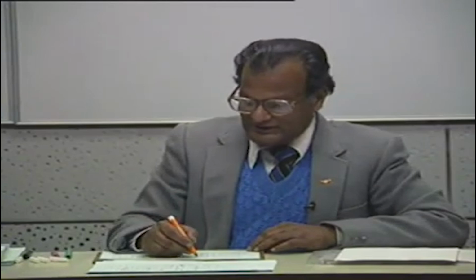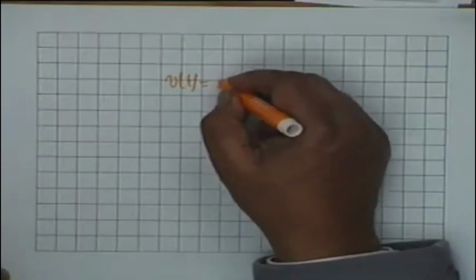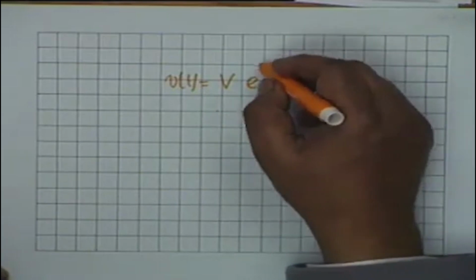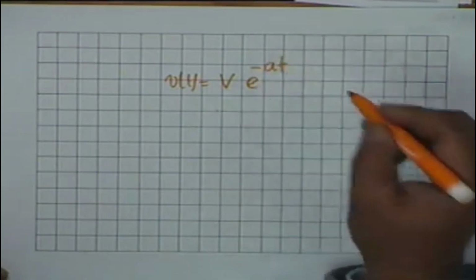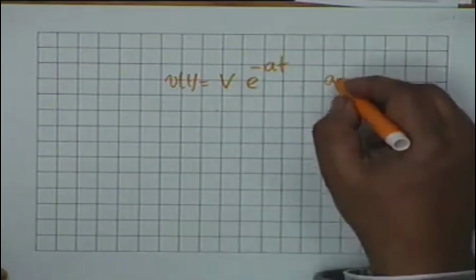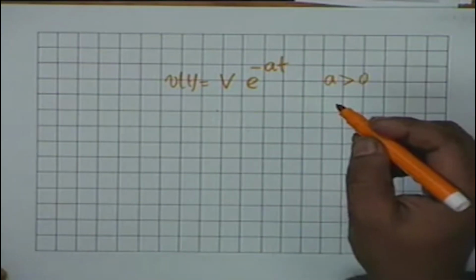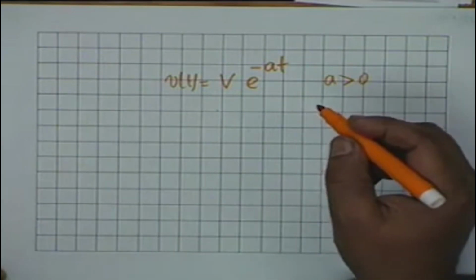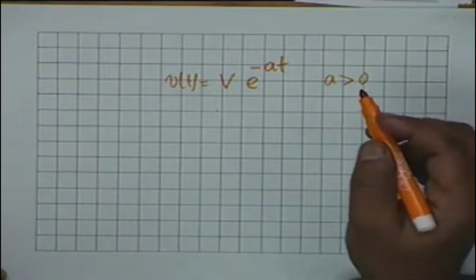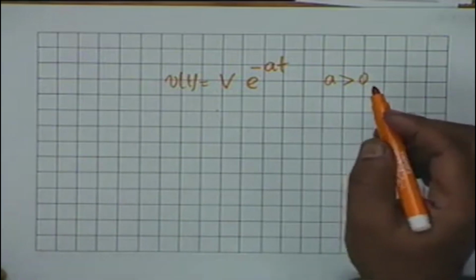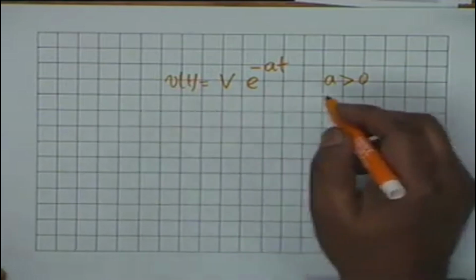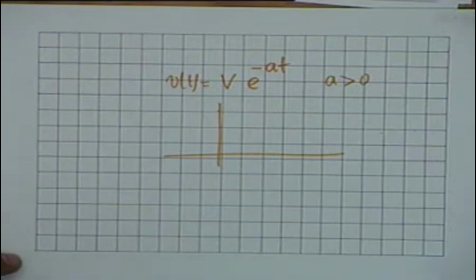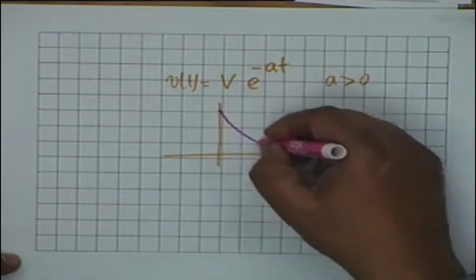In exponentials, as I said, if I consider a decaying exponential, let's say v(t) equal to V e to the minus a t, let's make it specific where a is greater than 0. Suppose we wish to find out the value of time at which v(t), you see v(t) diminishes with time.